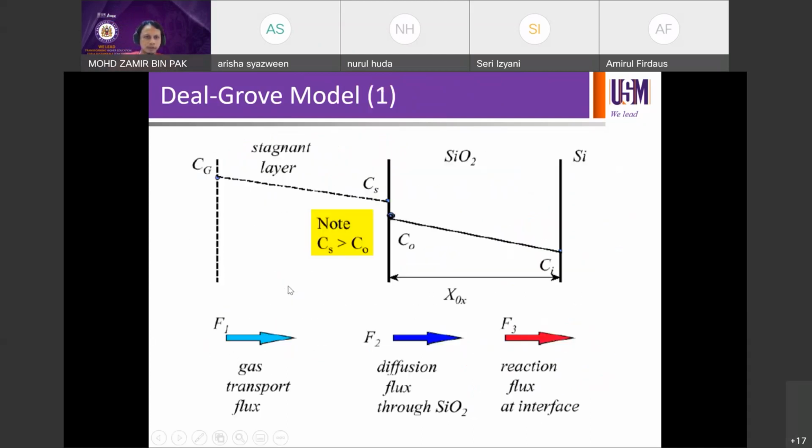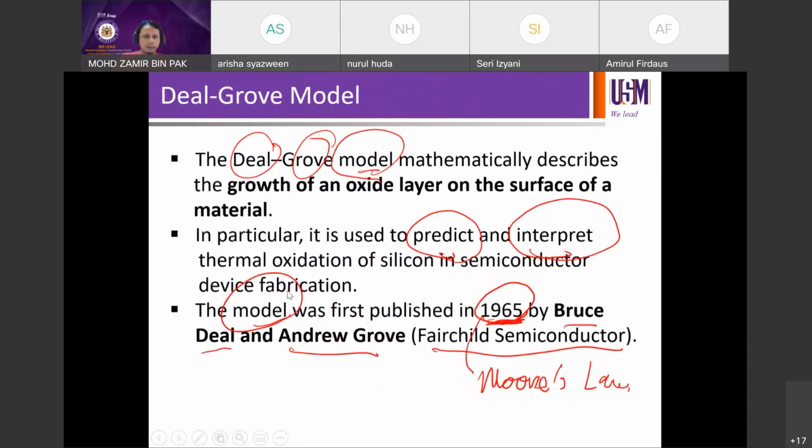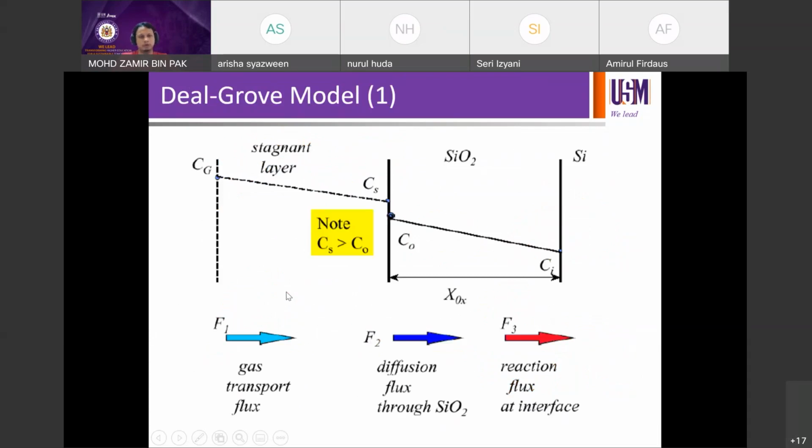Let me just go through one more page, I think, before I stop. So what you see in this model, before we go through the equations in the next class, right, so this is your silicon. Just now we discussed silicon dioxide on silicon.